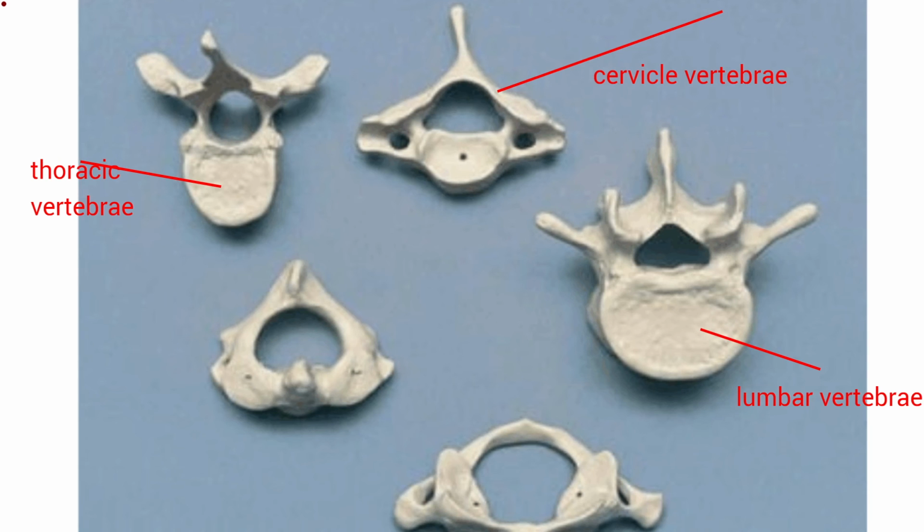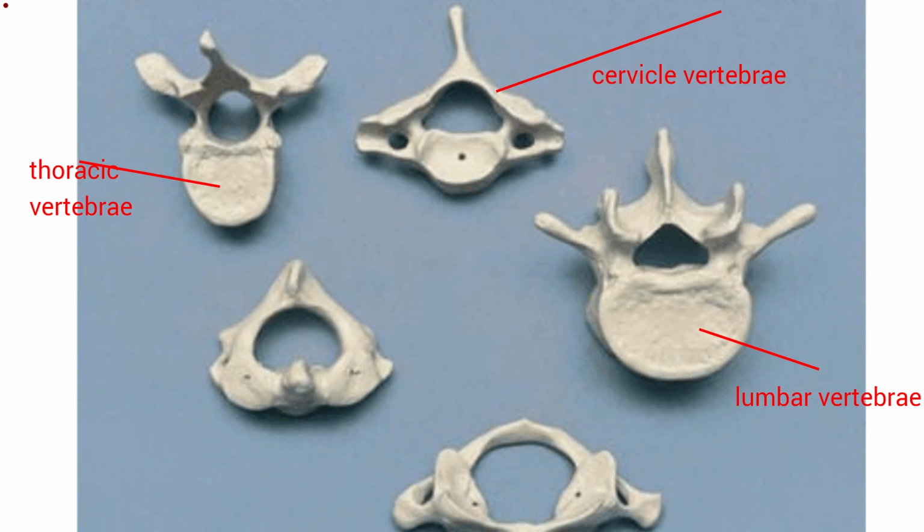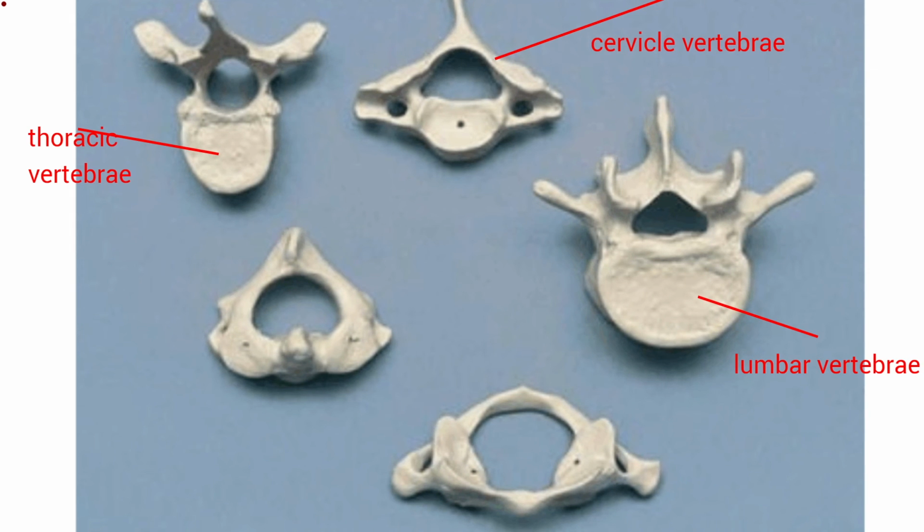Okay. Now, the two that you need to know are C1 and C2, atlas and axis. The C1 does not have a body. There's no body on this. Okay, you don't see any of this kind of structure. Okay, so this is C1.